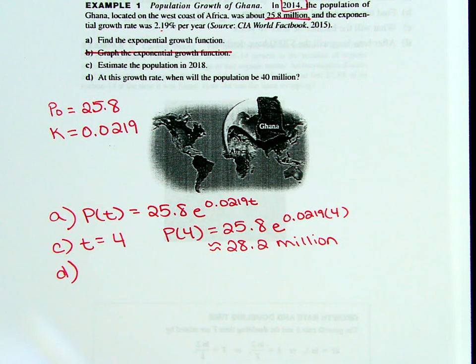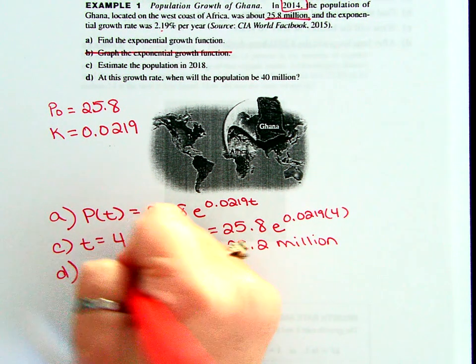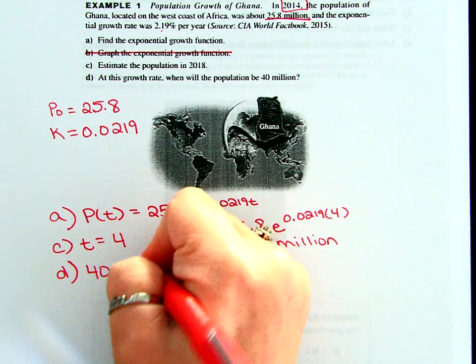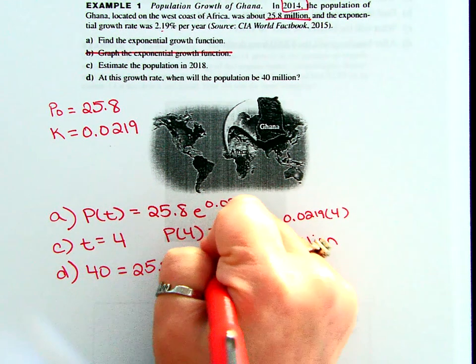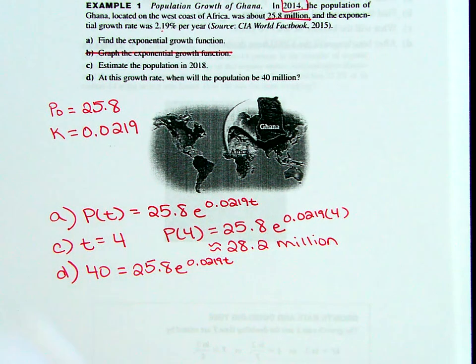And so what we're going to have is 40 million equal to our population function, 25.8 e to the 0.0219t. Because what we don't know in this step of our problem is the time. We don't know how many years past 2014 it's going to take for the population of Ghana to hit that 40 million mark. So that 40 million is our end goal.